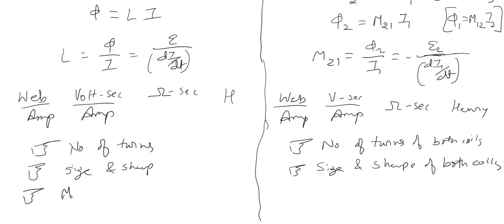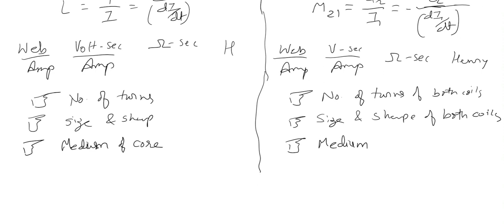Self-induction depends on the medium of the core, what you have inside the inductor, what you have inside the coil. Here also, medium is important. But then we have one difference. The distance between two coils is important here, which is not the case in self-induction.